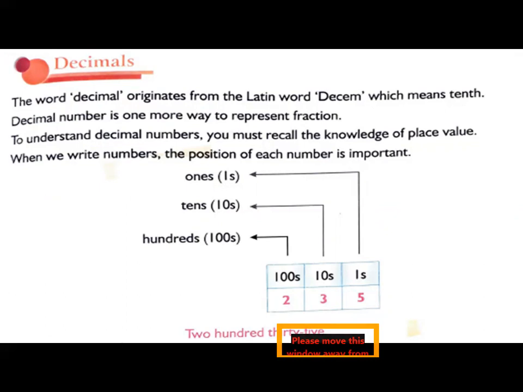Next, 2 is in hundreds place. So a 3-digit number, always remember from the right side, you start from ones, tens, hundreds, and so on. So for a 3-digit number, we have 3 place values.